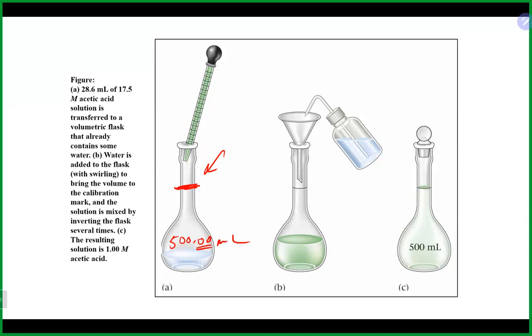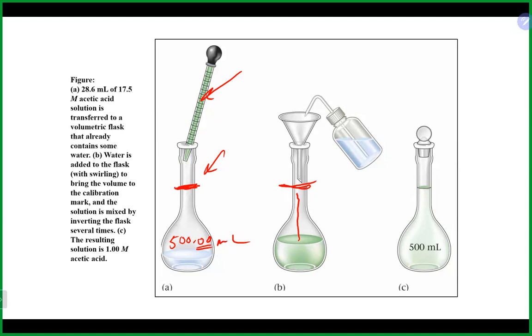So this would be really 500.00 milliliters. What you could do is add a little bit of water first, add your more concentrated solution, and then top it off with water till you get to that line and give it a nice mix. Now you'll have a more diluted solution on the right-hand side than what you started with.